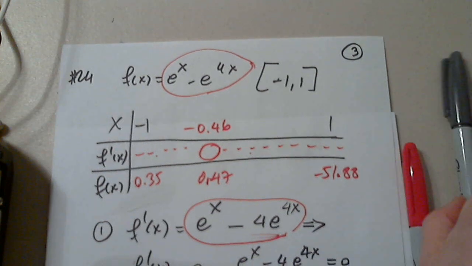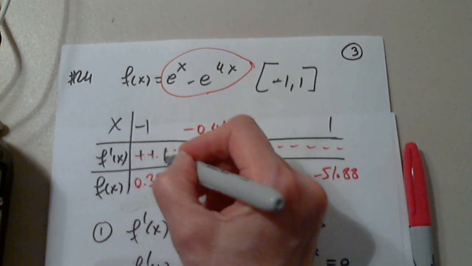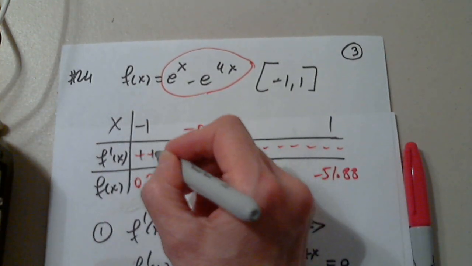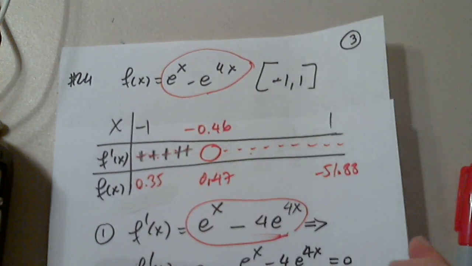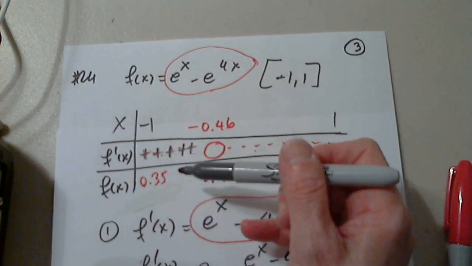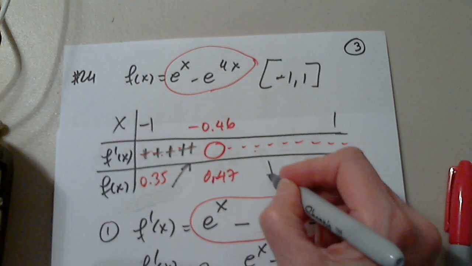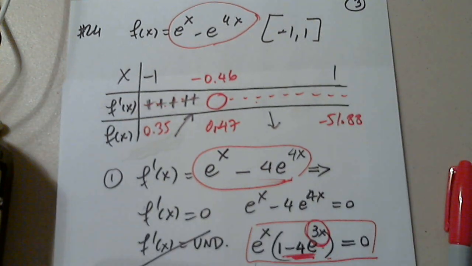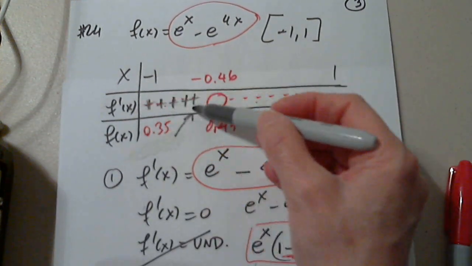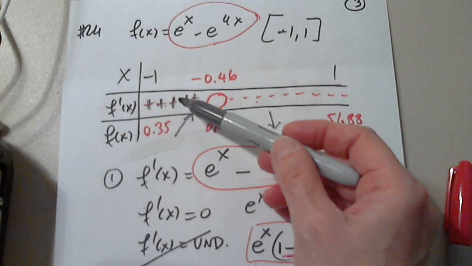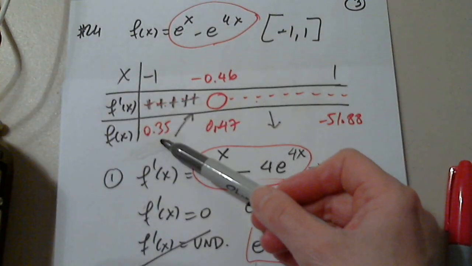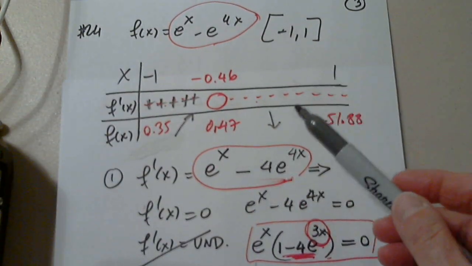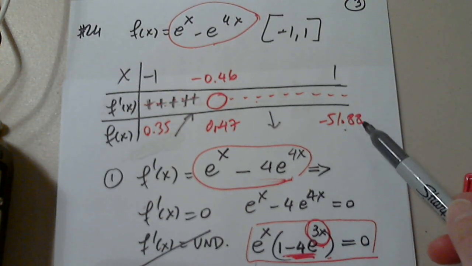So this is positive. So don't trust the software anymore. So it goes up and it goes down. Correct. I don't understand why the software gave us a negative number. It made no sense. From 0.35, it goes up to 0.47, and it comes down to negative 51.88.